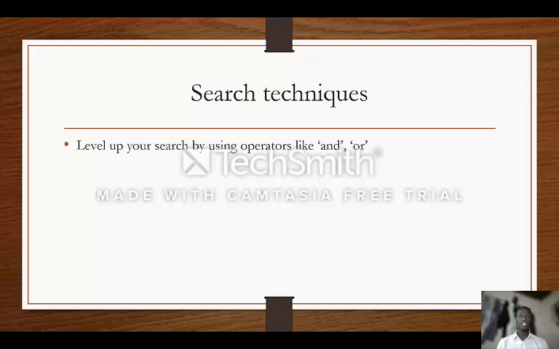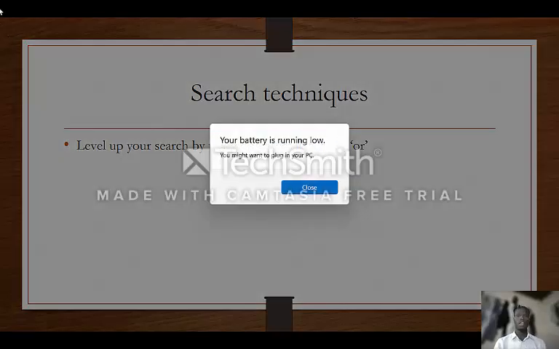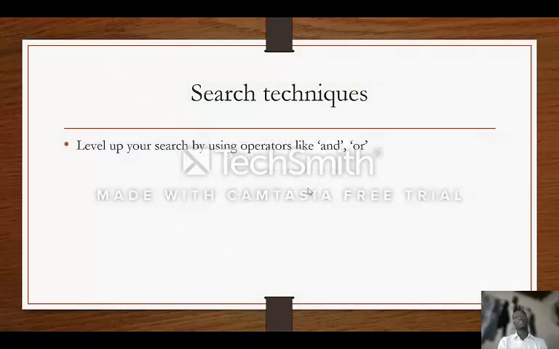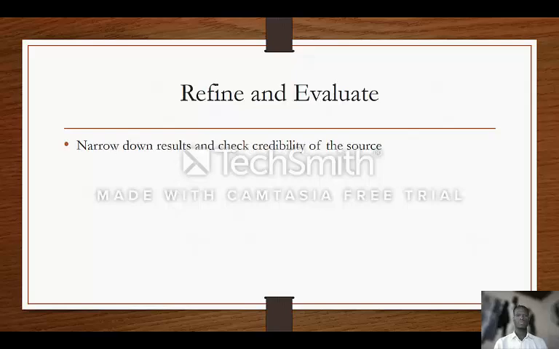Search techniques level up your search by using operators like AND or OR that we have used. We are going to look for them in other videos, or maybe you have looked for them, so you search about them, like the Boolean operators and so on. We go to the next slide.